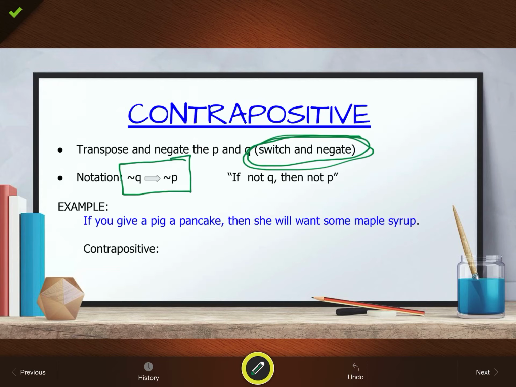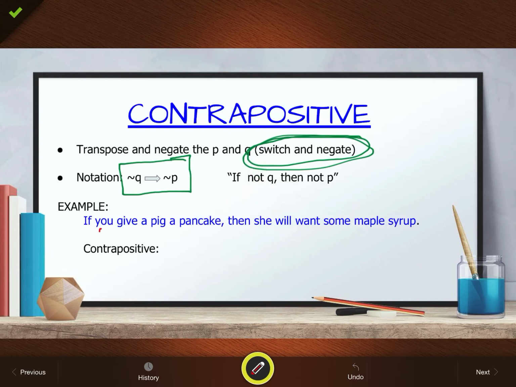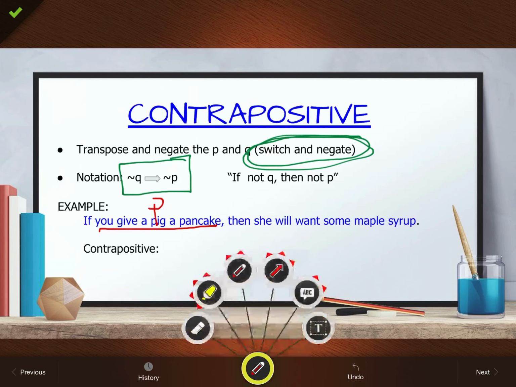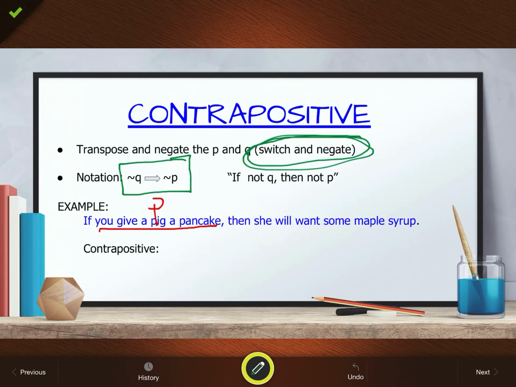So again, example, there's my original conditional statement. Now I have to switch it and I have to negate both parts. So if you need to, you give a pig a pancake is my P, my hypothesis. My what comes after the word if. She will want some maple syrup is my Q. It's my conclusion.